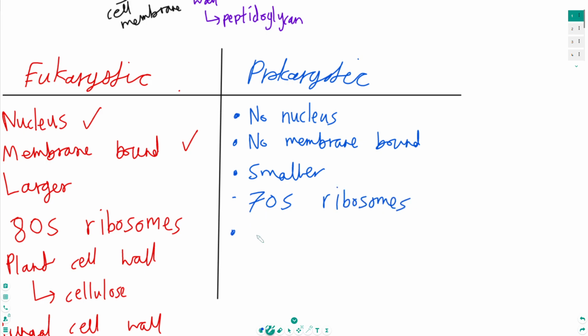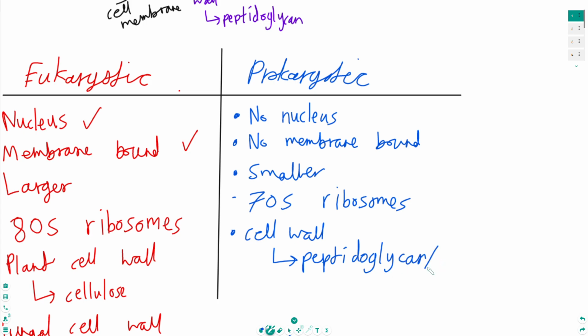They also have a cell wall made out of peptidoglycan, or pseudopeptidoglycan. The reason I say pseudopeptidoglycan is because archaea also have cell walls, and they're also prokaryotes, but their cell wall is pretty different to bacteria, and it's basically one of the differences why archaea are separated from bacteria.